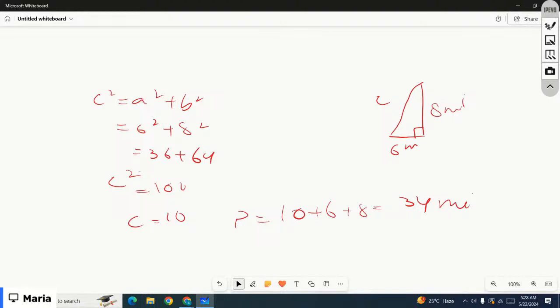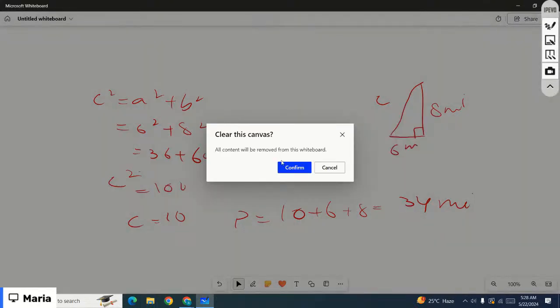Okay, the other example is we have to find the perimeter of the triangle. How do we find?